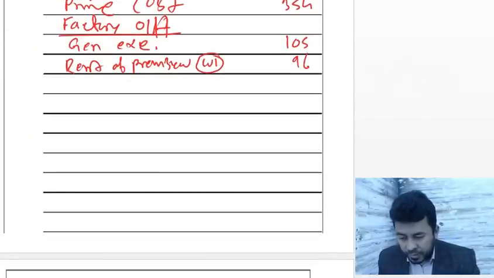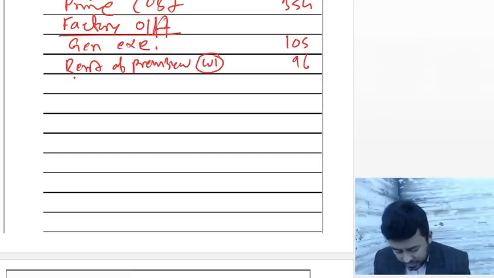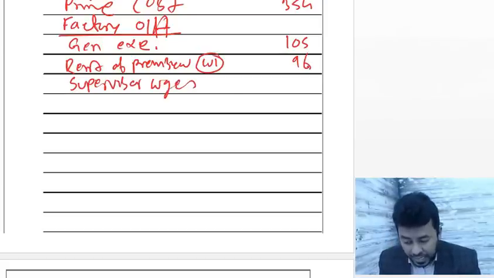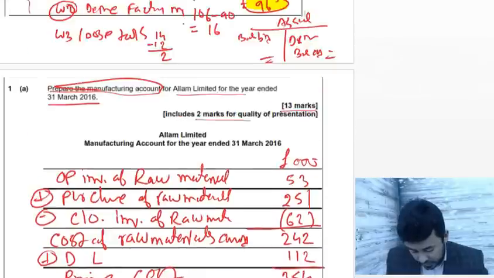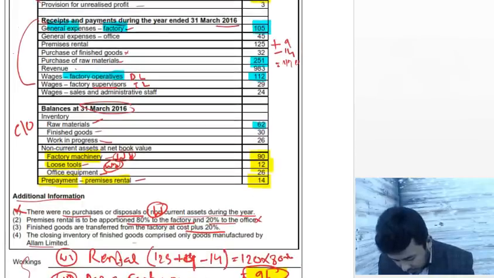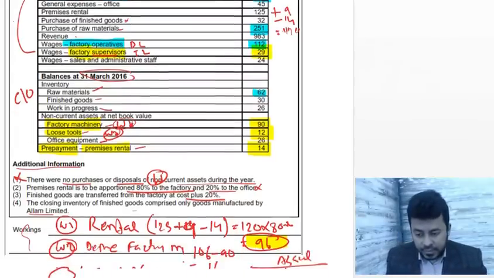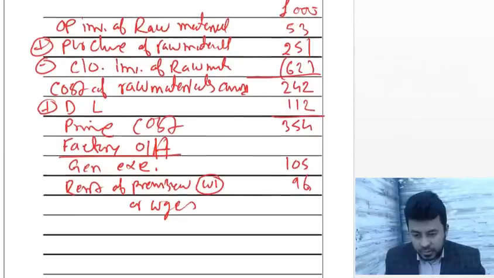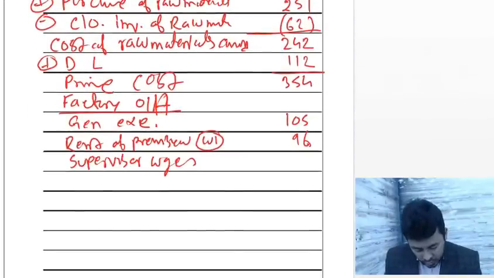Then if you remember, we have indirect labor, factory supervisor wages. Supervisor wages are always indirect, and this should be, just double checking. Yeah, there we go. Supervisors, and it's a factory, it's 29. So let's take it into account. 29.